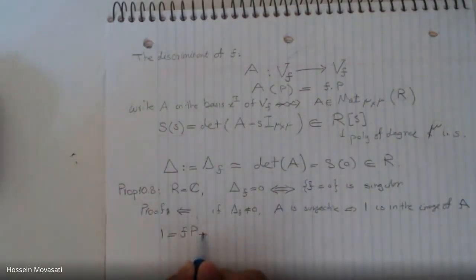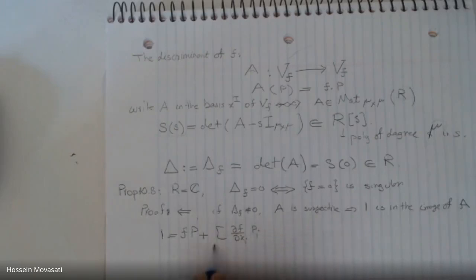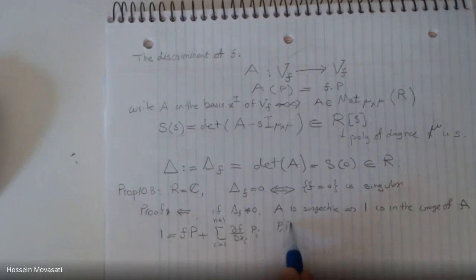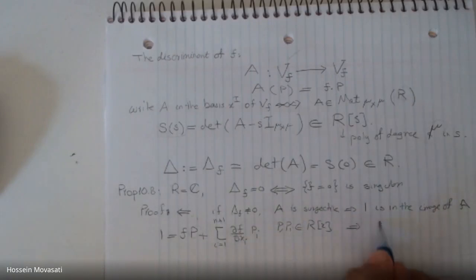This means that we will have some identity like this. So there will be some polynomials p and p_i such that this is valid, all polynomials in R[x], and this will imply that at the end f and the partial derivatives cannot have a common 0, and then f is smooth.